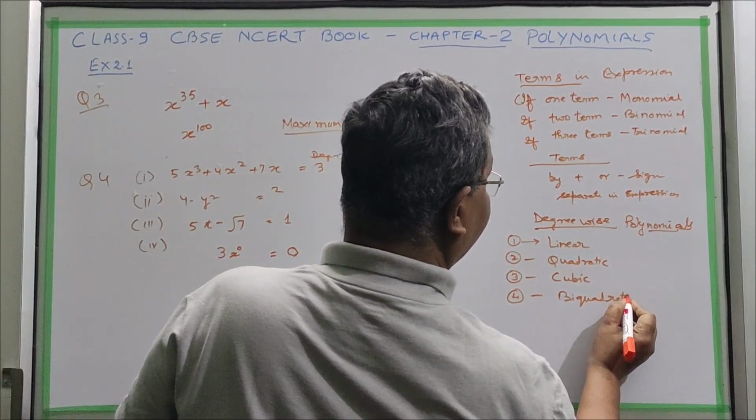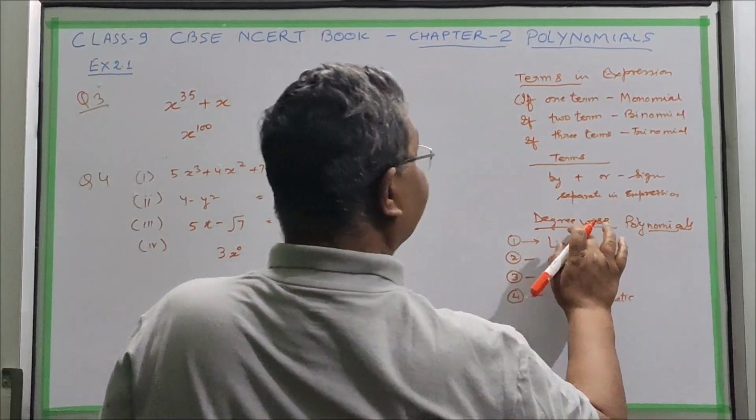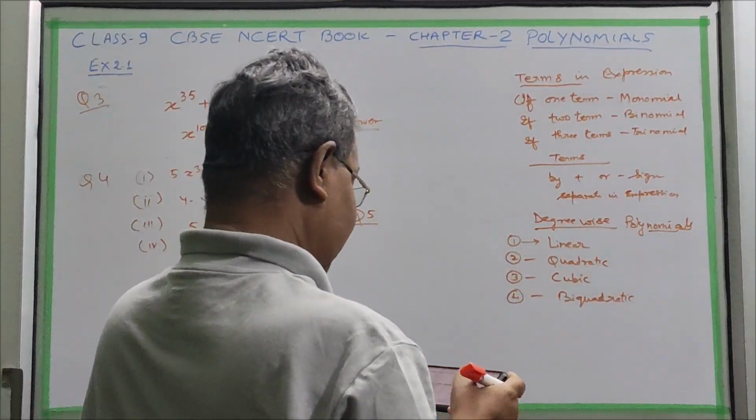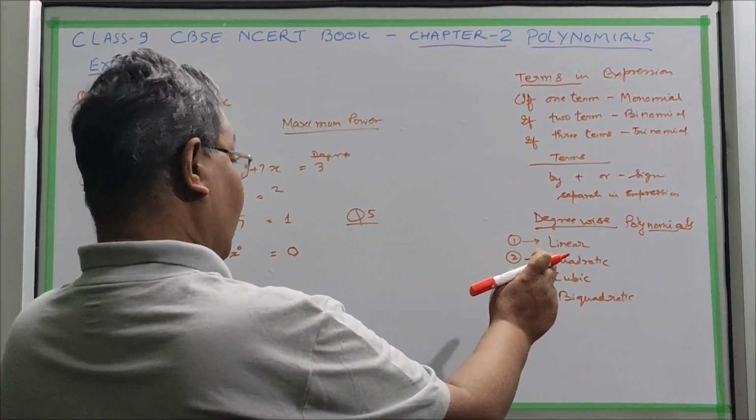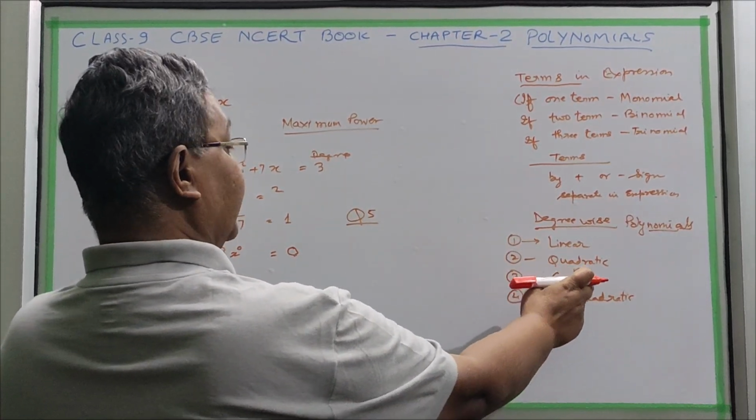These are degree wise. Your question is classify the following into linear, quadratic and cubic.